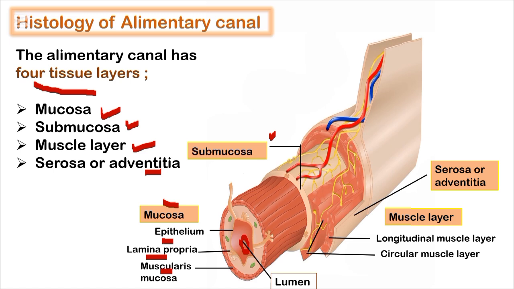Next, deep to mucosa is submucosa. This is the part of submucosa. Deep to submucosa is the muscle layer, and the muscle layer has further two layers that are the inner circular layer and the outer longitudinal layer. The outermost layer of the alimentary canal is serosa or adventitia.